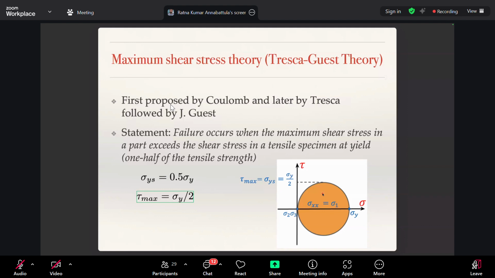But when the maximum shear stress reaches sigma y by 2, that is when failure happens. Failure occurs when the maximum shear stress in a part exceeds the shear stress in a tensile specimen at the yield point. So you look at the maximum shear stress tau max in your Mohr circle, and when tau max becomes sigma y by 2, that is when yielding occurs. Otherwise, the material is safe.